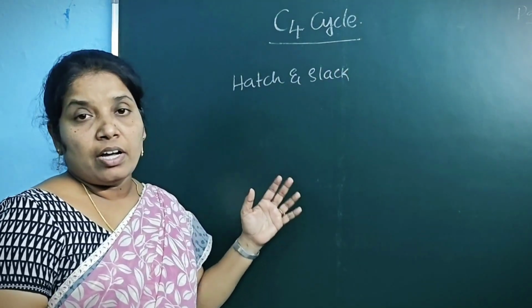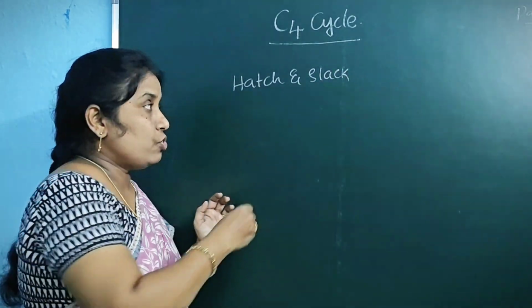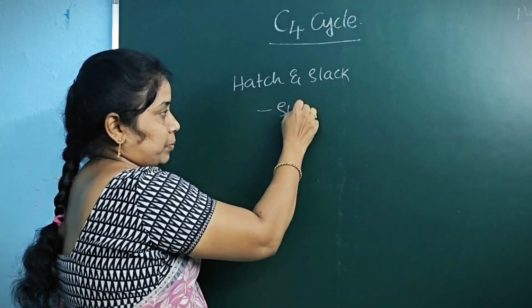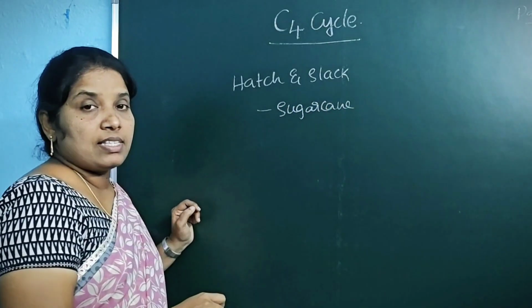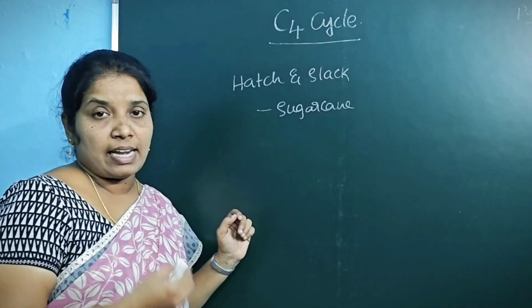They discovered the C4 cycle in sugarcane. That's why this cycle is also called the Hatch-Slack pathway.